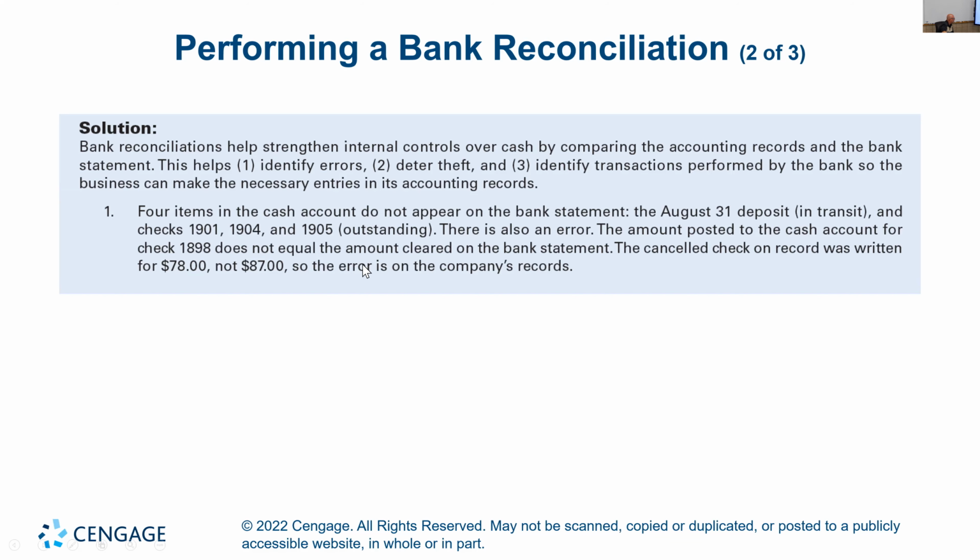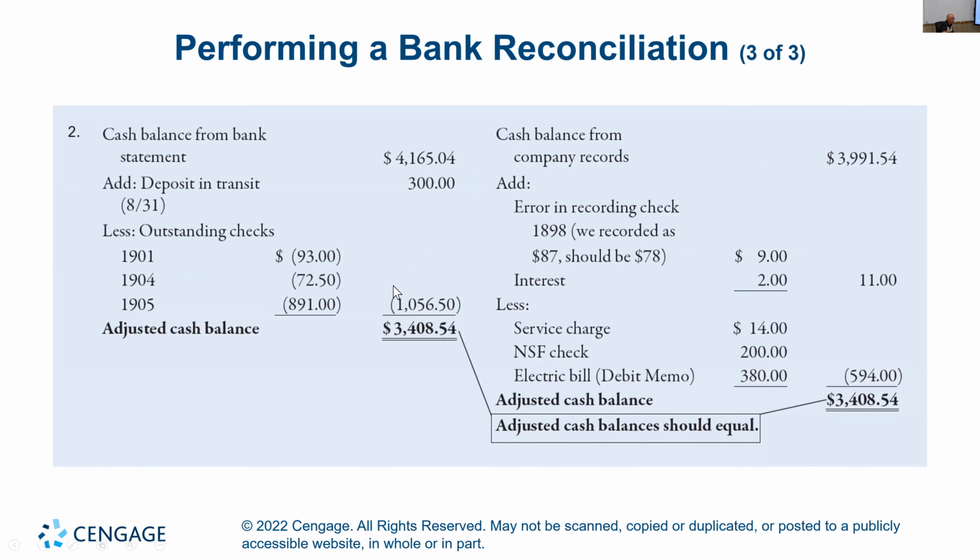And then there's also an error. Before we get to the error, let's look here. Our bank said we had $4,165.04. We need to add in the deposit in transit to the bank statement to make it accurate, because they have not recorded it yet, but it is going to be there.